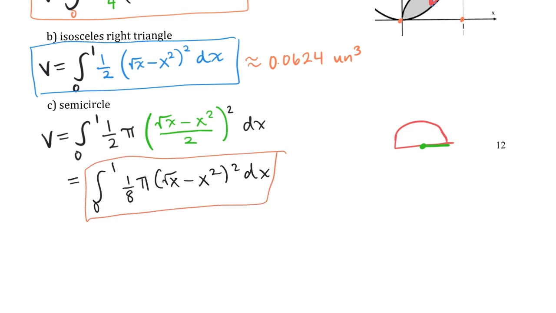We're just setting up right now. On the semicircles, just be really careful with the radius. Keep in mind the cross section is the diameter, and then the radius is going to be half that distance. When I put it in my calculator, I got 0.0505 cubic units, which is similar to the volume of the other ones, but it does vary based on the shape. So just be really careful when you're setting these up, and that's it.